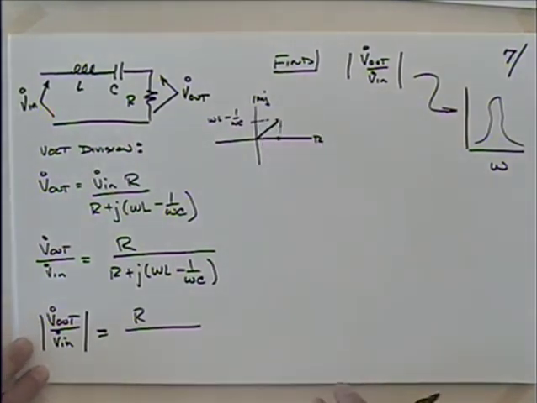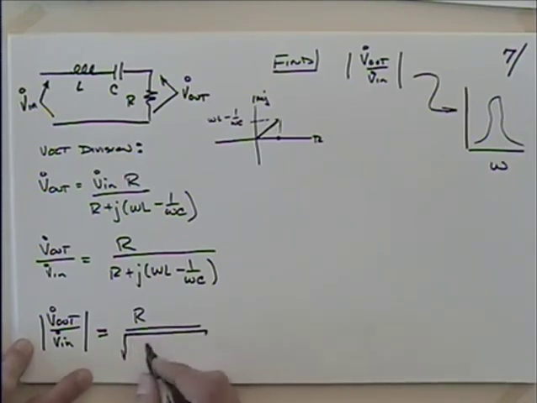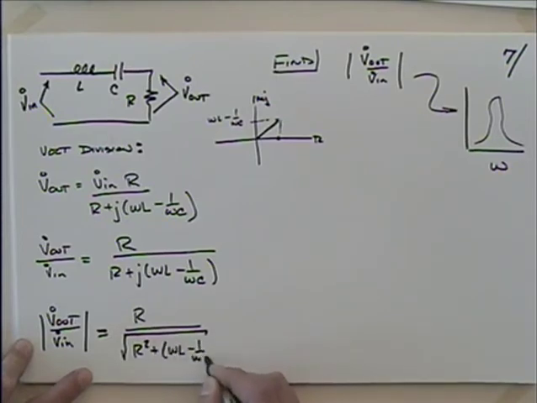How do I get that? Pythagorean theorem, absolutely. So I'll have R squared plus omega L minus 1 over omega C squared.